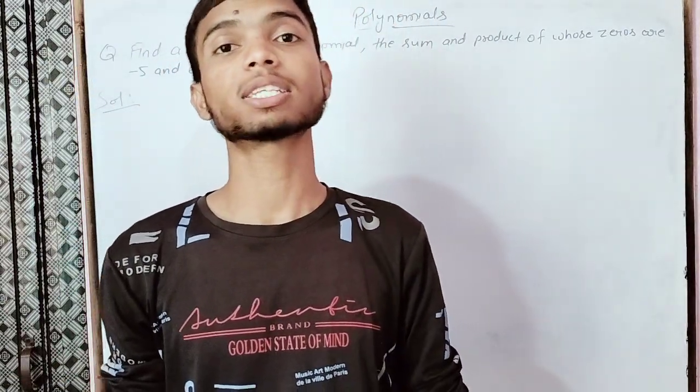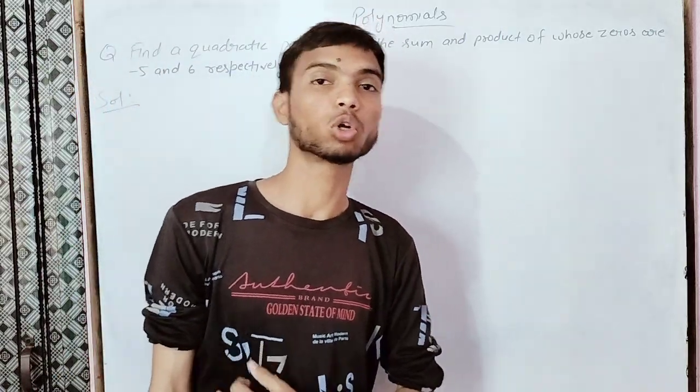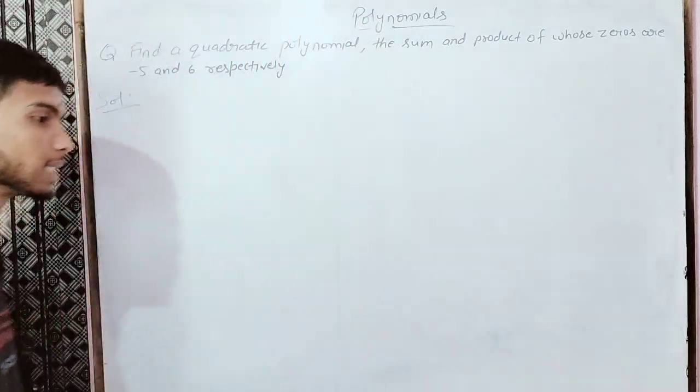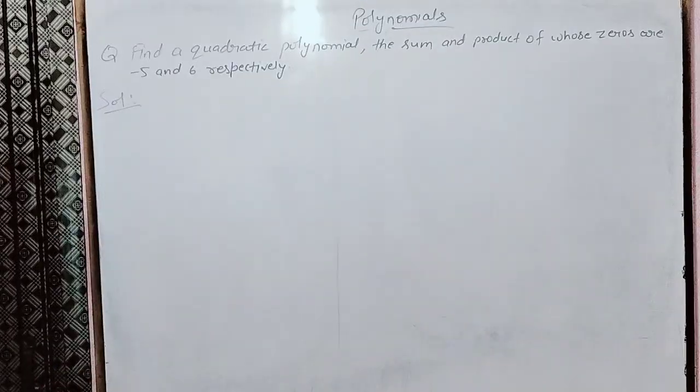The zeros of the polynomial are given to us, but we don't have the polynomial, and that is what we have to find. We have to find the quadratic polynomial.